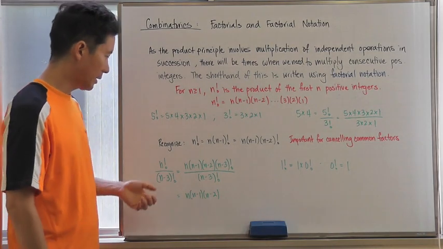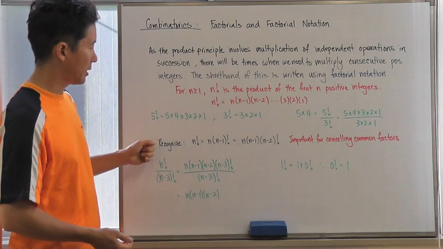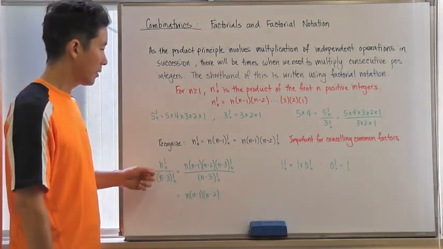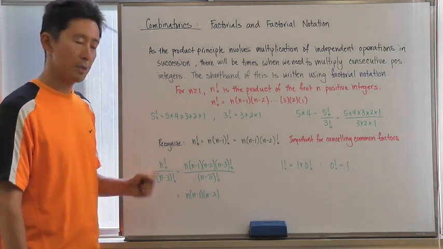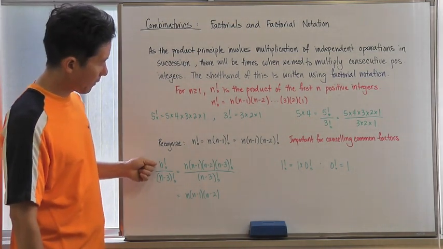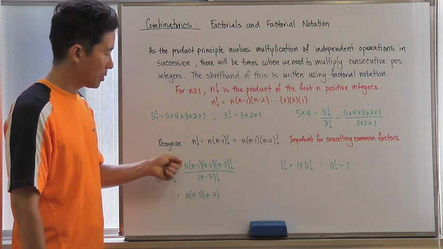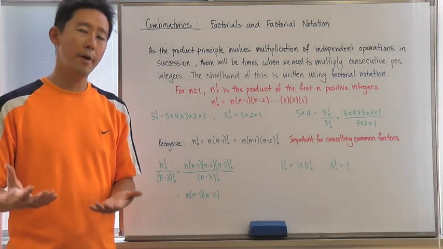Now, let's take a look at an example of how we can use this fact to simplify something very algebraic that involves factorial notation. Notice how we have n factorial here, and we have n minus 3 factorial here. What we're going to have to do is expand it to find out where our common factors are.